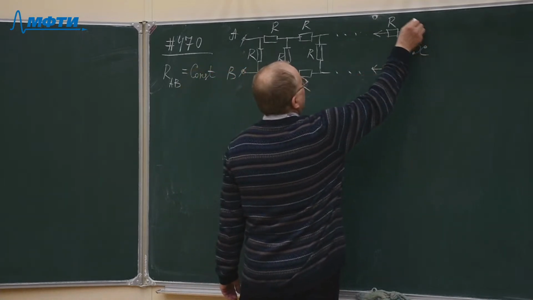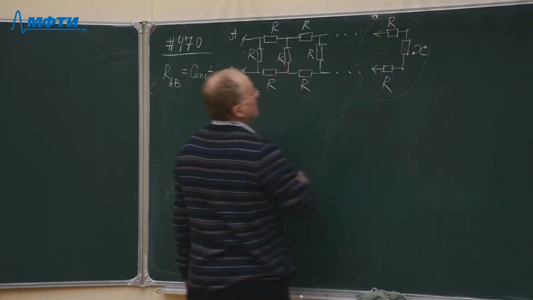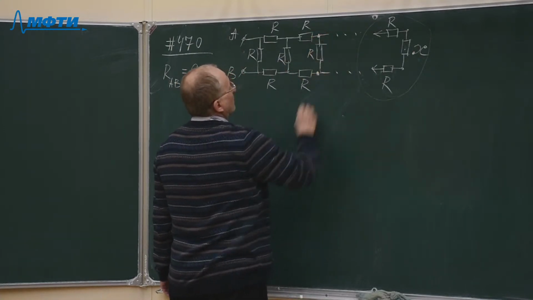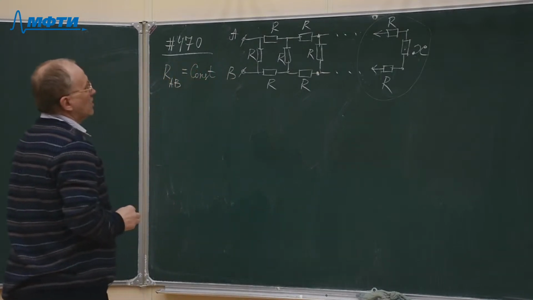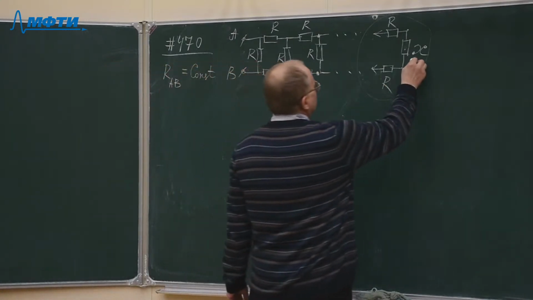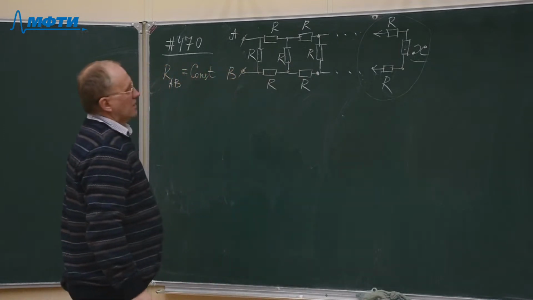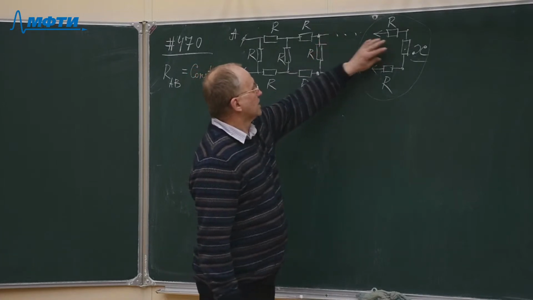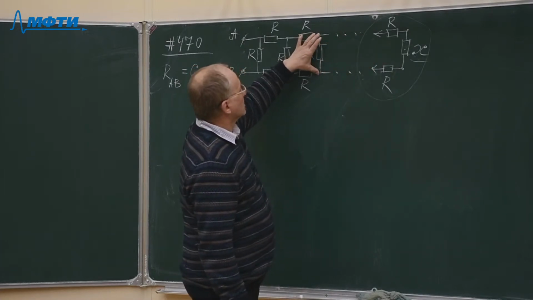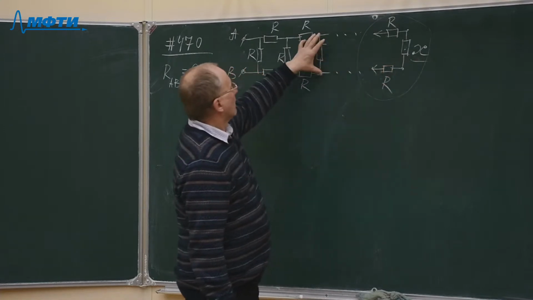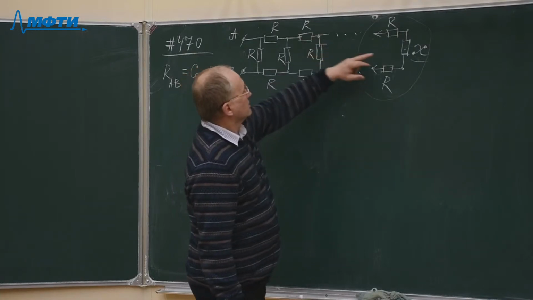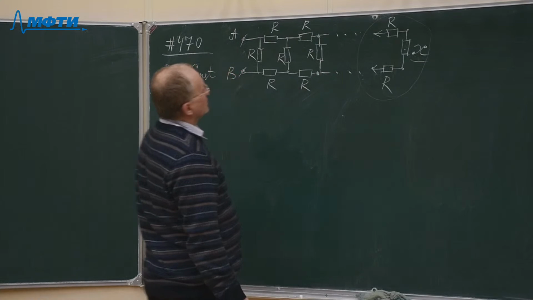after attaching this last cell, the resistance between these 2 points will be the same as the resistance X. It means that if we connect here the last cell, then the resistance here will be equal to X. It means that nothing has changed in this circuit.